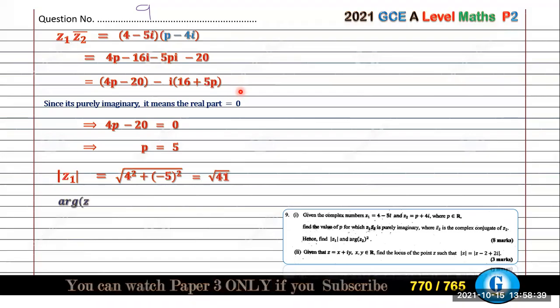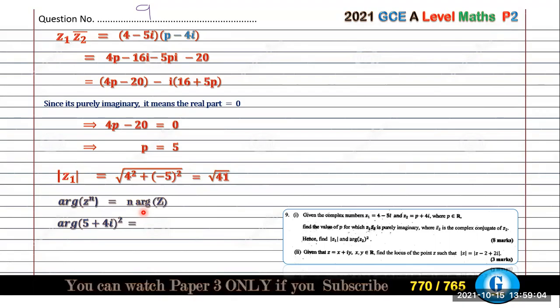Then find arg z2 squared. For arg z2 squared, we can first of all decide to look for z2 times z2, which will give us z2 squared, and then look for the argument. Or we can decide to use the formula that arg z to the power n is equal to n arg z. So we can look for arg z for this one, which is 5 plus 4i, right?